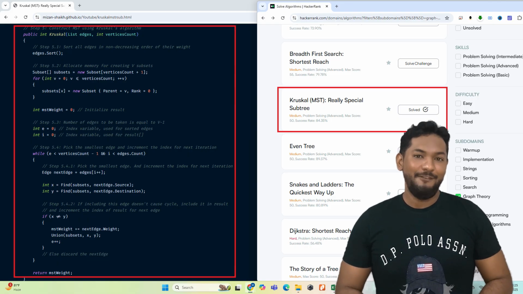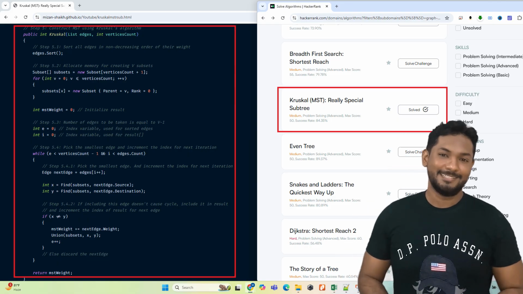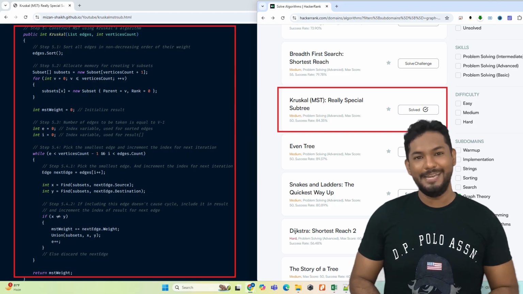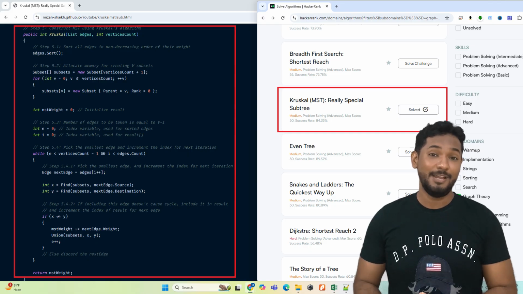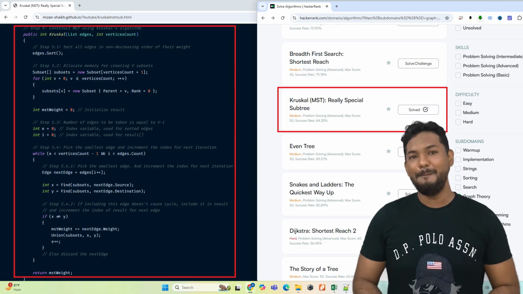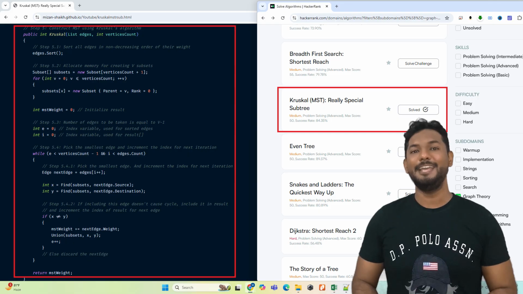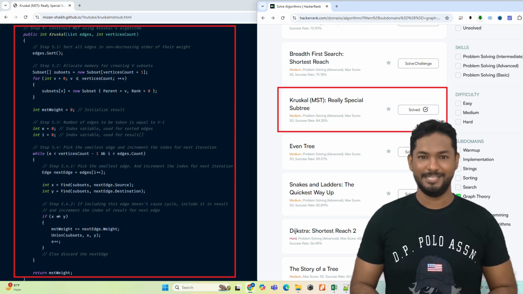Alright folks, today we dove deep into the world of graphs with Kruskal's algorithm to find the minimum spanning tree (MST). We covered the essential steps from defining our edge structure to implementing the union find technique for efficient cycle detection.